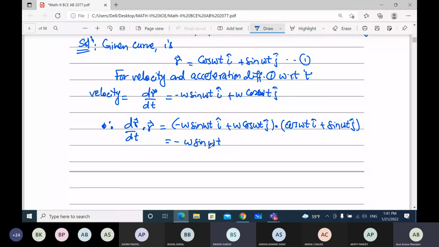A dot b is a1 b1 plus a2 b2 plus a3 b3 for space vectors; for plane vectors, a1 b1 plus a2 b2.